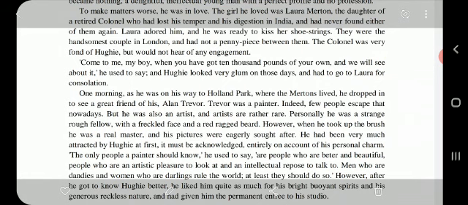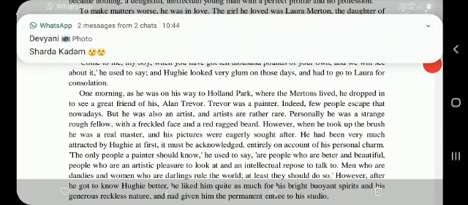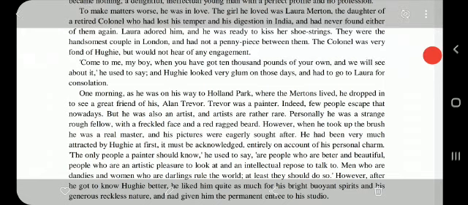The girl he loved was Laura Merton, the daughter of a retired colonel who had lost his temper and his digestion in India. So in this line, the writer is talking about two people and giving us the characteristics of two people: one is the girl Laura Merton and her father, Colonel Merton.